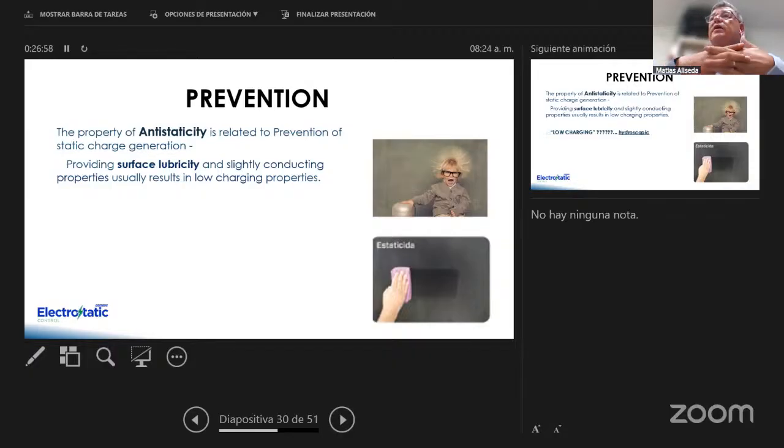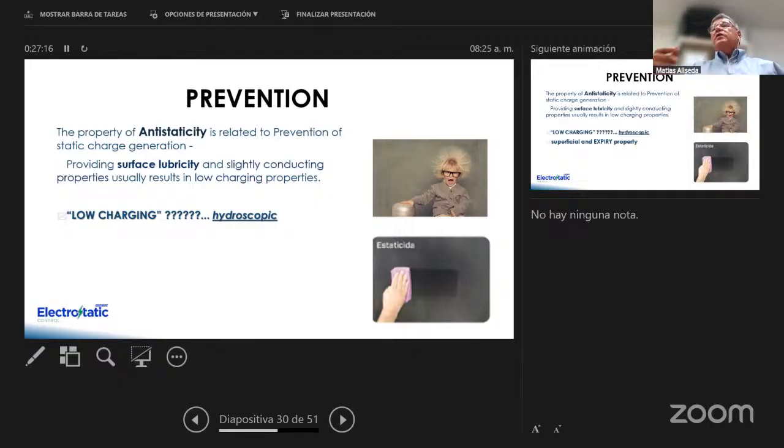They give you a surface lubricity and increase the hygroscopic property of the product, but that means it is low charging. So the ESD community took away the word anti-static and put low charging, because we'll still make one, two, three, ten volts, but they will be making charge. That is only a surface property.